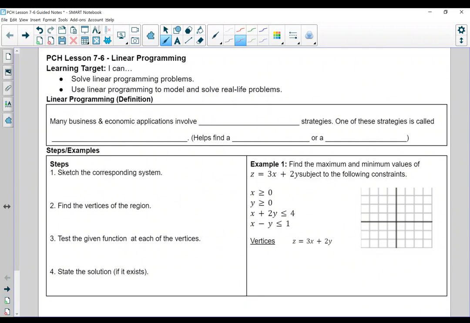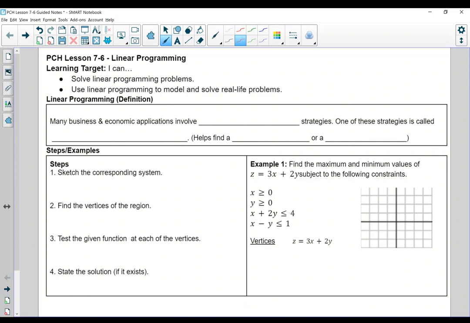So this is lesson 7.6, which is on linear programming. We've been dealing with systems of equations, systems of inequalities, and now this is the real world application of systems of inequalities.